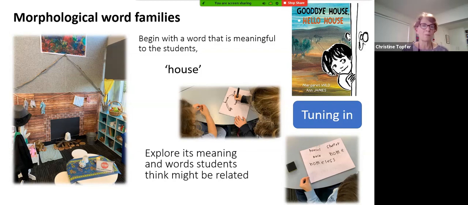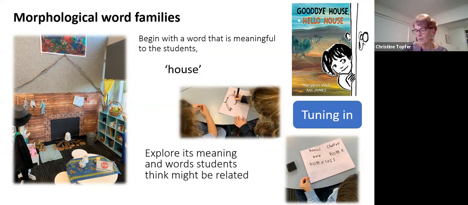Words we're using all the time, so there's no end to where you can start your tuning in. In her classroom, the students were asked to work together in pairs to explore the meaning of the word house, and to think about other words that might be related to the word house. So she's just tuning them in here, remembering that it's all about meaning.